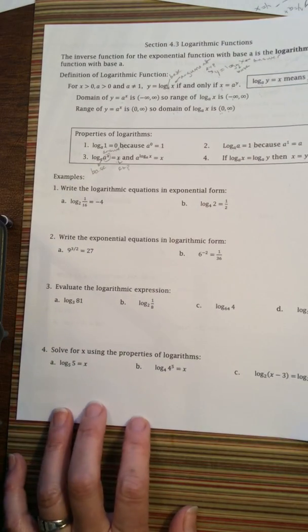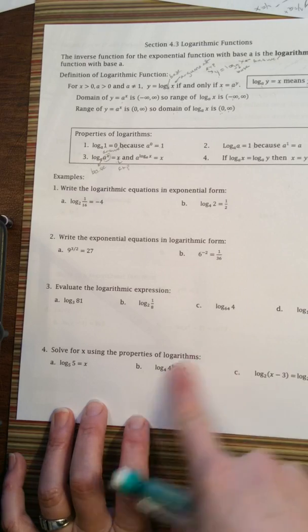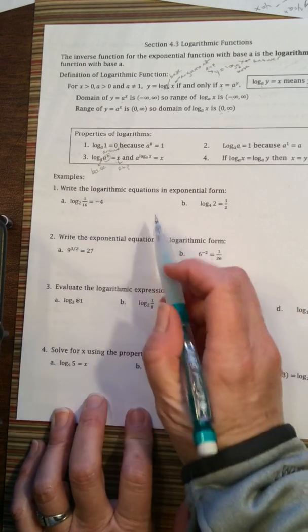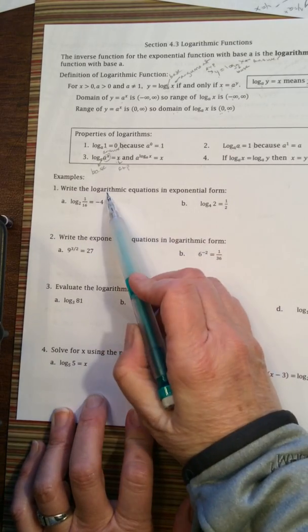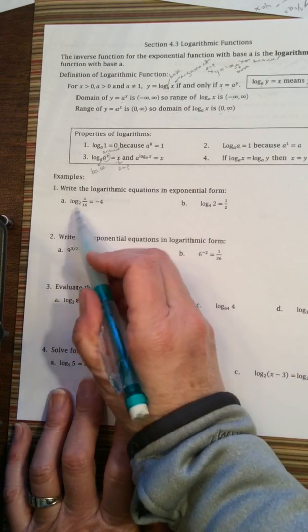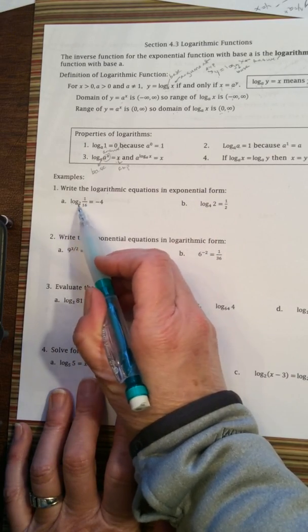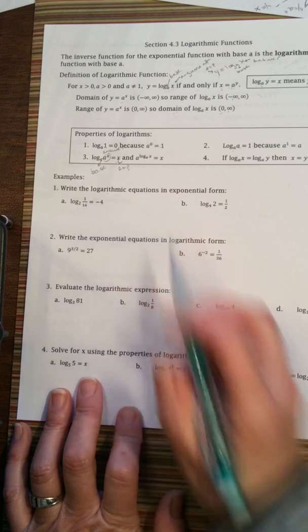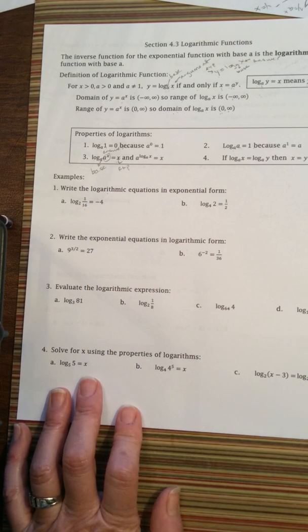Before we get into actually evaluating or solving for x, we want to practice going back and forth between the logarithmic equation and the exponential. So this is the logarithmic equation. They've said the log base 2 of 1/16 equals -4. Let's just verify that and make sure that's true based on the exponential.